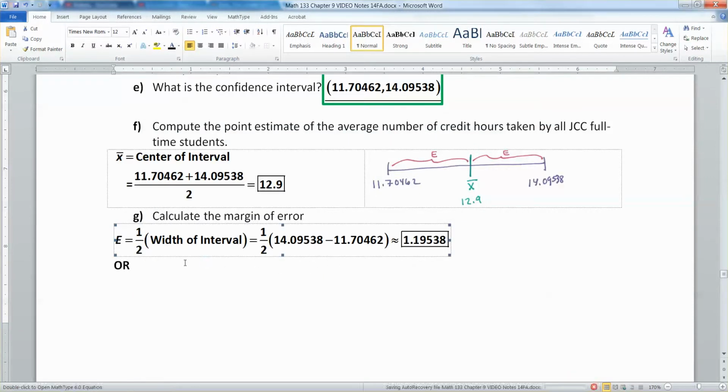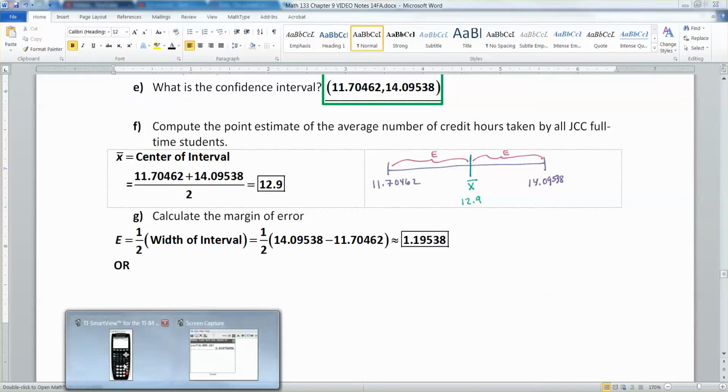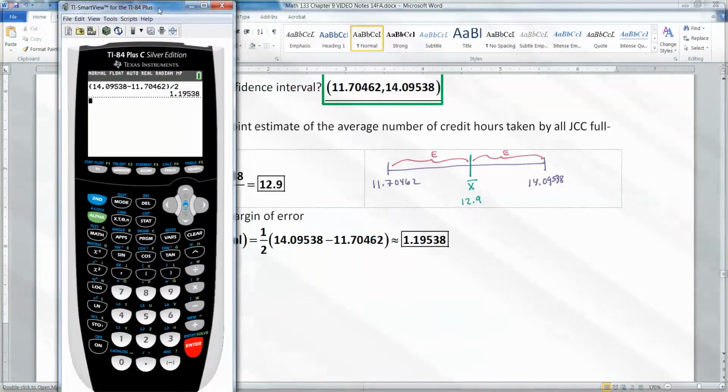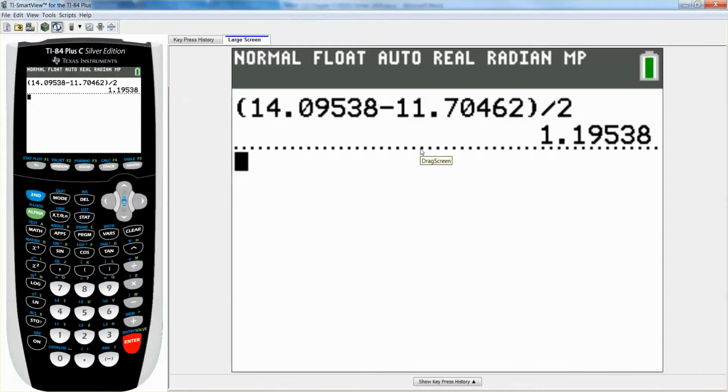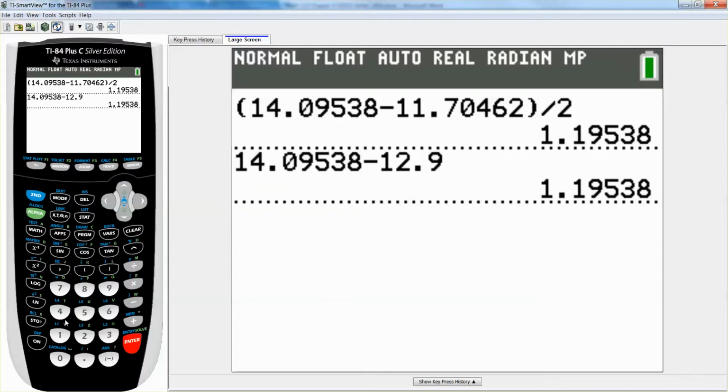Awesome. Cool. All right, so I could do it with the calculator taking the high number, which is 14.09538, and subtracting away my Goldilocks number in the middle, my mean, which is 12.9. Or I could take 12.9, take away 11.70462.